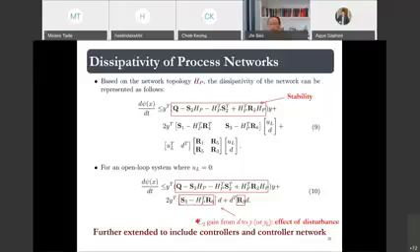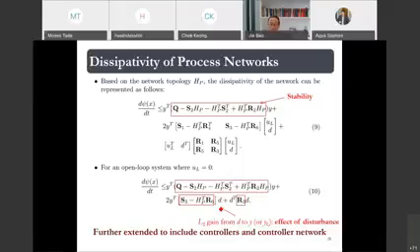Okay, and also, as I said, if we assume we don't have a controller, so UL is 0, then the above condition is reduced to equation number 10. Then it also shows that if I don't have any control action, how would the disturbance affect the process outputs? Because now we have a supply rate as a function of Y, which is the controlled process variables, and D, which is the disturbances.